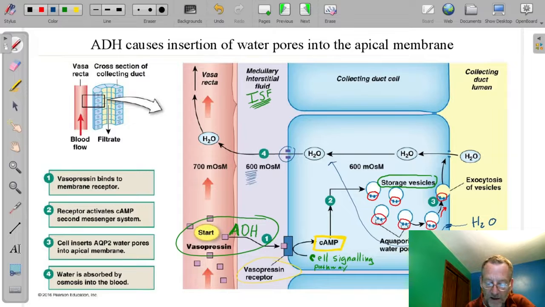It then flows into the vasa recta, and then that goes back off to the rest of the blood, lowering the osmolarity. So that's the picture that we looked at in the previous slide, but it's showing the details of the aquaporin molecules. Okay.